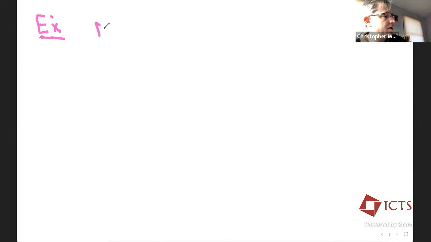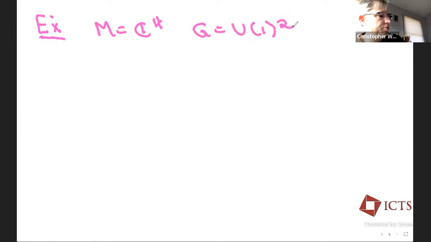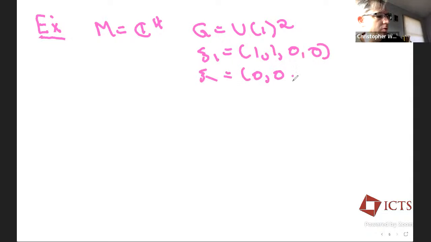So suppose now M is C4, and now I take the 2-torus generated by (1, 1, 0, 0) and (0, 0, 1, 1). This is a little sloppy. This is supposed to be my second vector.